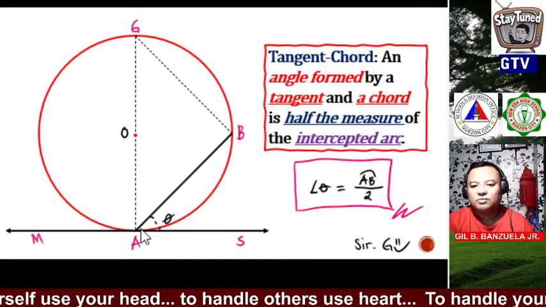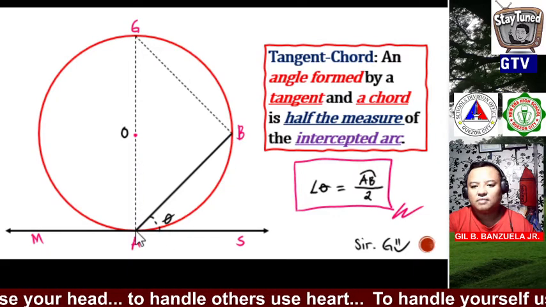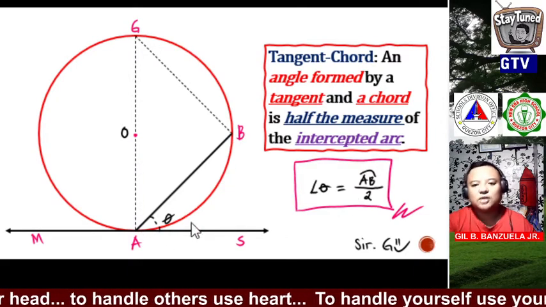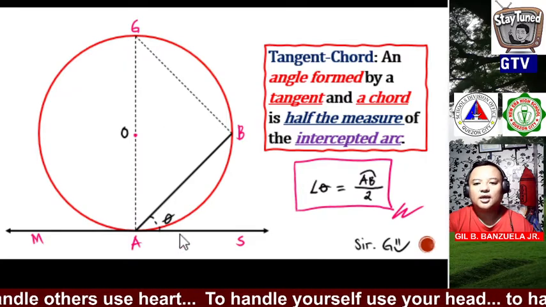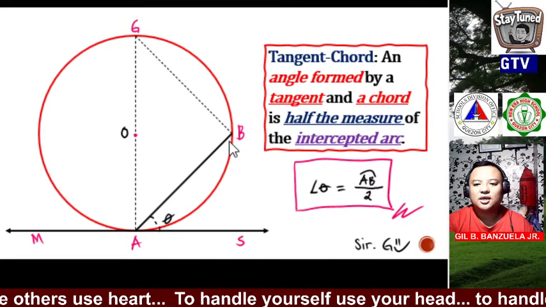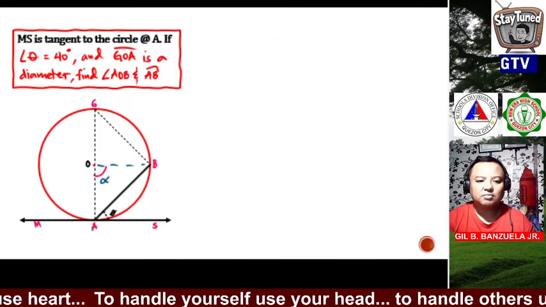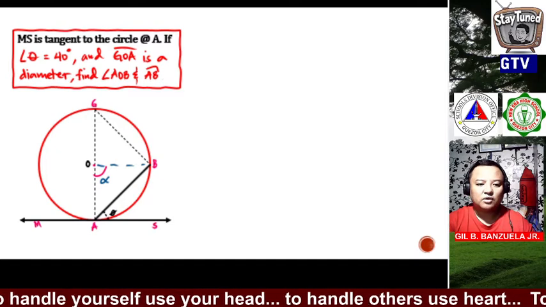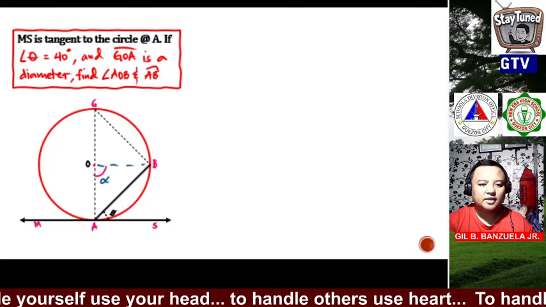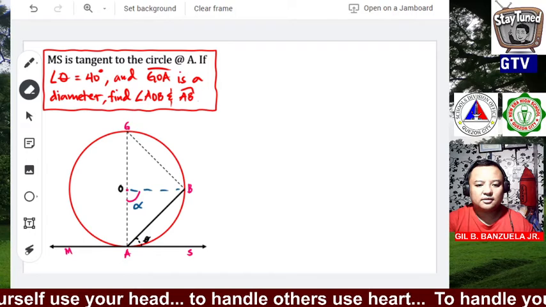So whatever the measure of arc BA or AB, we just divide it by 2, and that is the measure of the angle formed by a tangent and a chord. To make it faster and easier to understand, let me present my whiteboard. So, let's answer this.